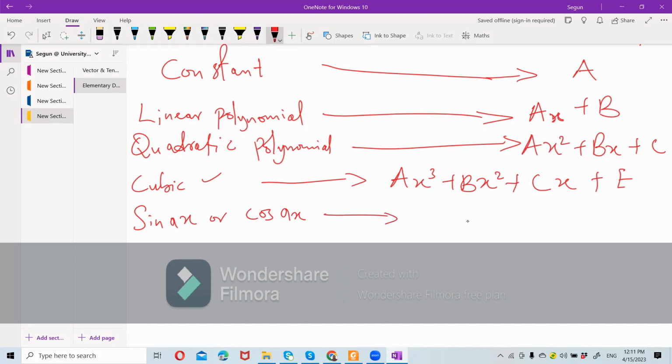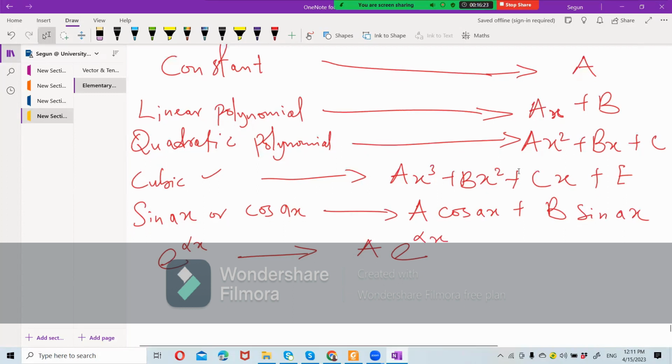I will have the y particular to be a cos ax plus b sine ax. But what about if I have it to be exponential alpha x? What does it mean? I'm going to have a exponential alpha x.